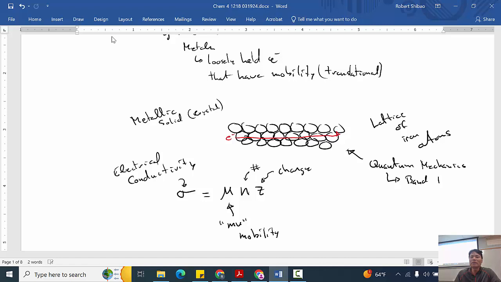We typically use something called band theory. Band theory comes from quantum mechanics. It's just a specific application of it. In band theory, we look at things like metals, semiconductors, and insulators.